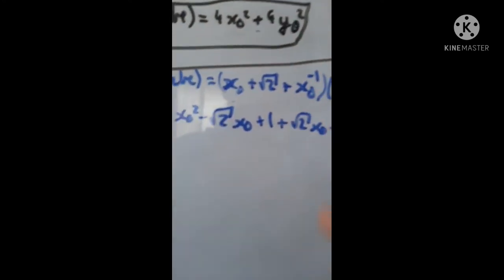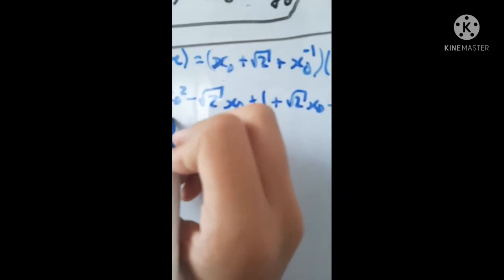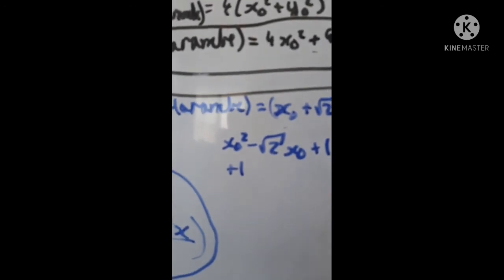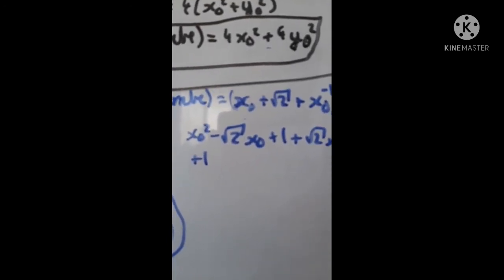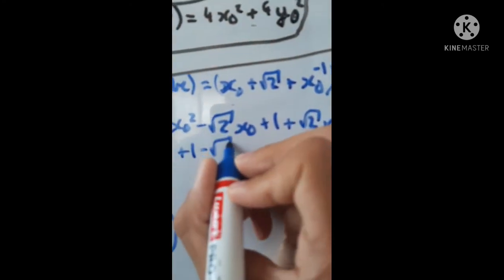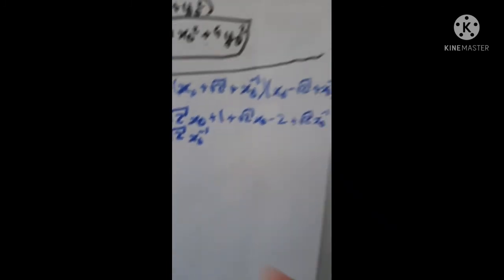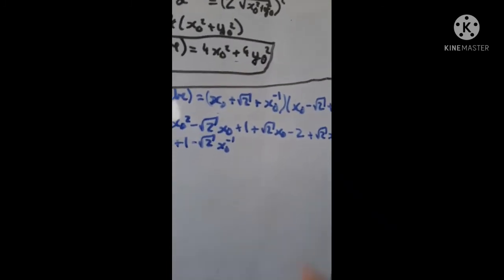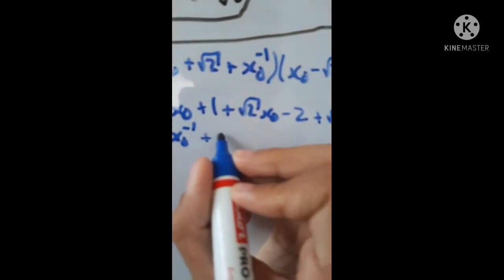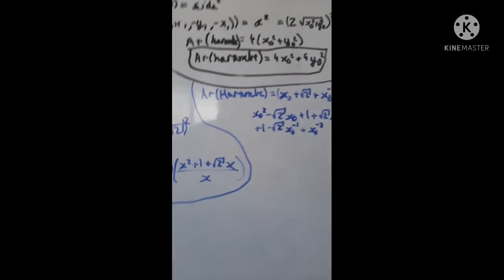Now we have an x naught inverse times x naught, so that's just going to be plus 1 again, and there we have it. And then minus 2 x naught inverse, as I told you, would cancel out too with this term. That's pretty good. And then we have plus x naught to the minus 2 power. That's the entire thing written out.